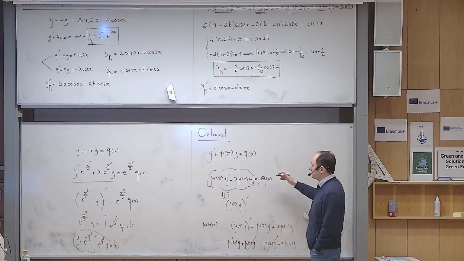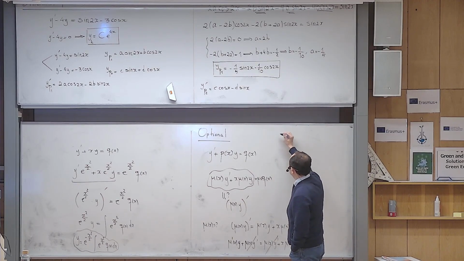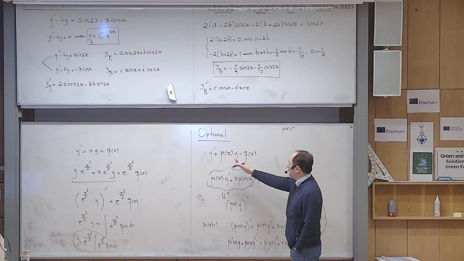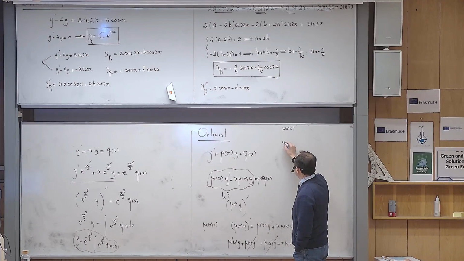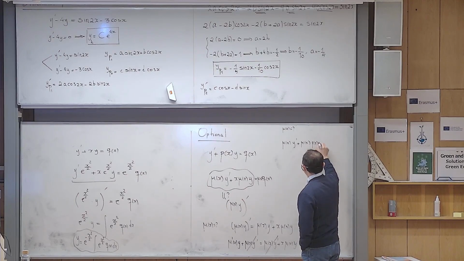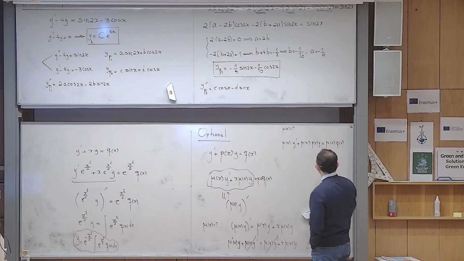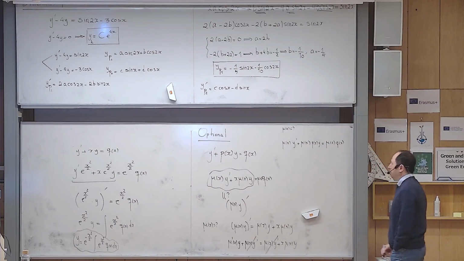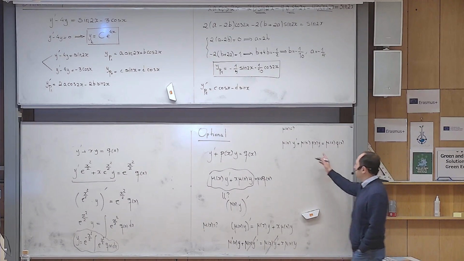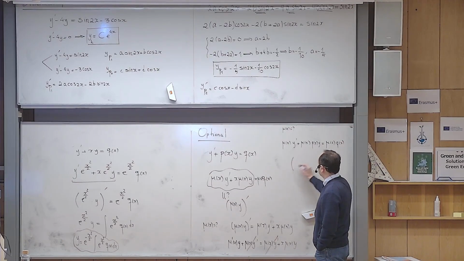I will ask myself, is there any function of x so that when I multiply both sides by that function, the left hand side becomes mu of x times y prime?